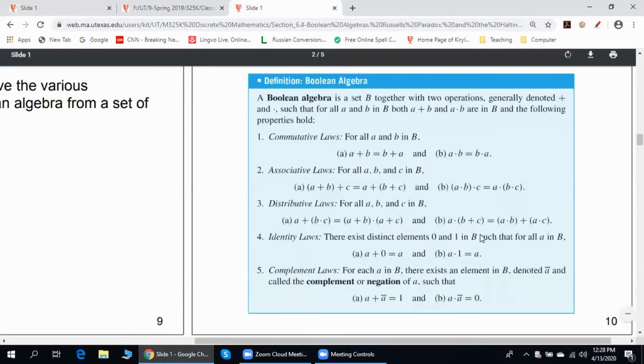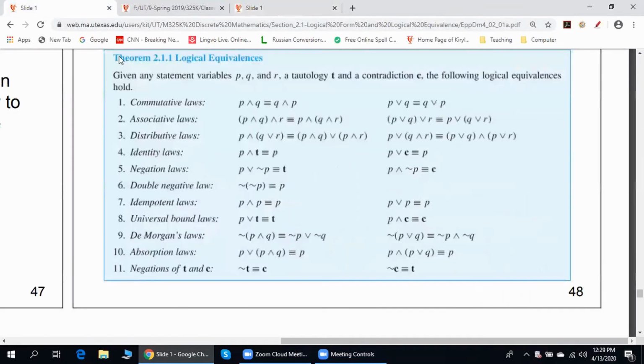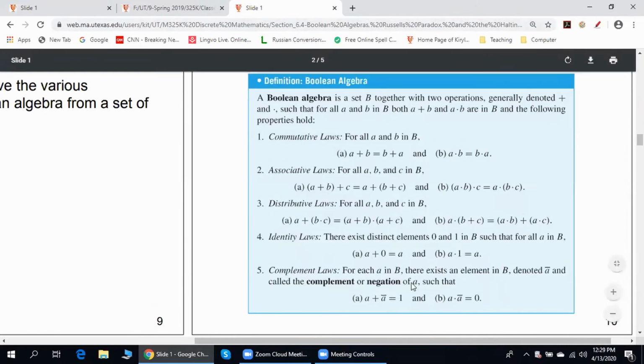Yes. How about this? Then that would be A and tautology is equal to A. P and tautology is equivalent to P, correct? Yes. It's exactly what is written here.